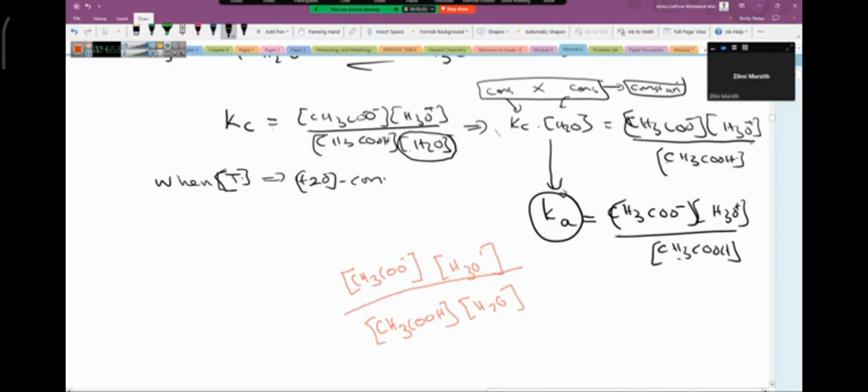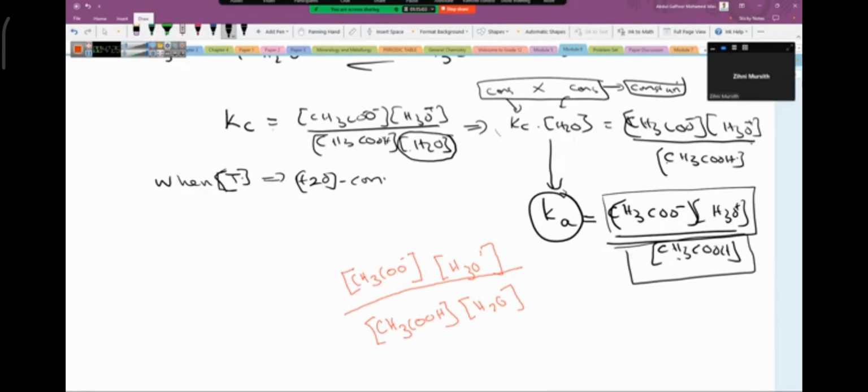What it means is, if we have been given an acid, we put the dissociated ions in the numerator, and in the denominator we put the concentration of acid without water. This is how we write the expression for Ka.